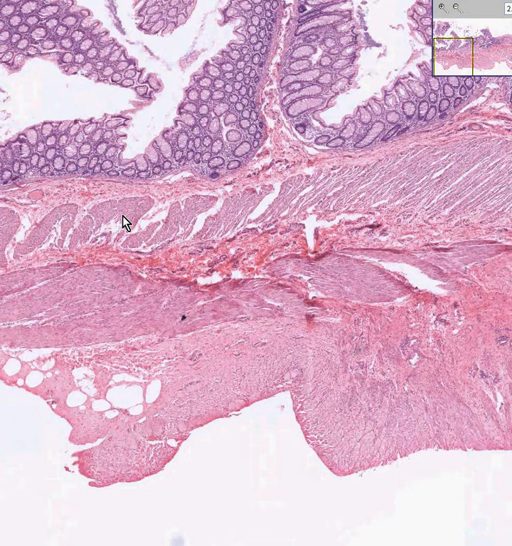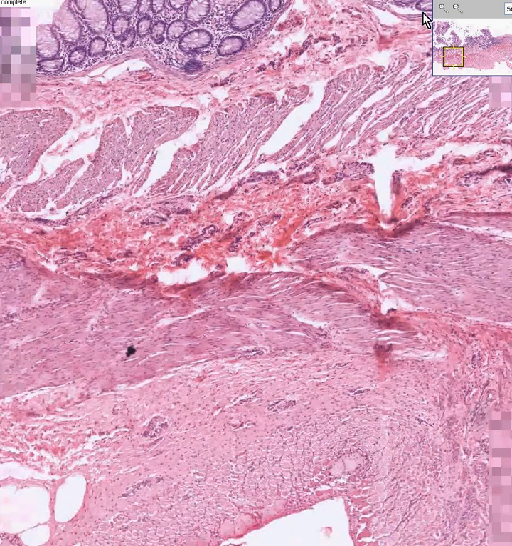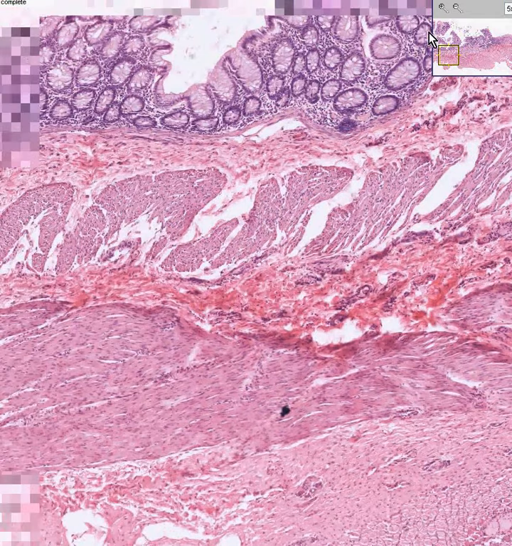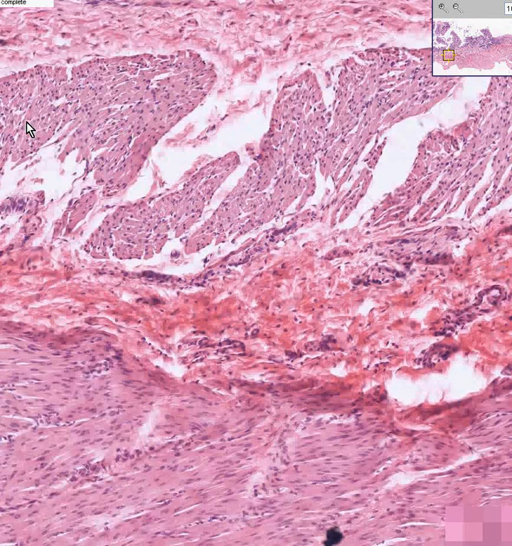Notice that you know that this is circular because when you look at the nuclei cut transversely with respect to their axis, all of the nuclei look round. When you cut the outer longitudinal fibers longitudinally, they look spindly.